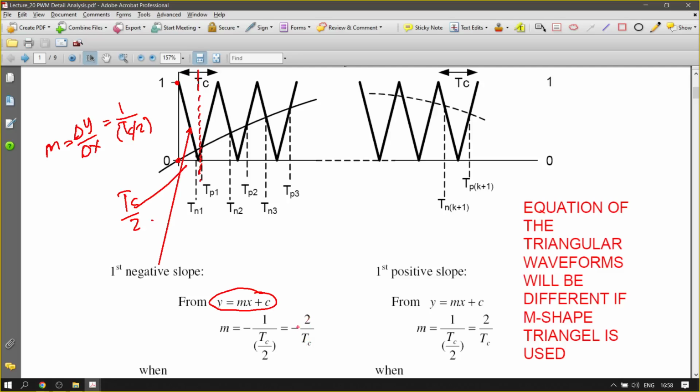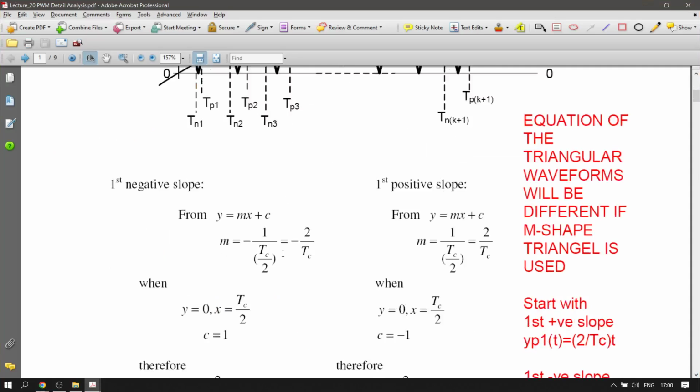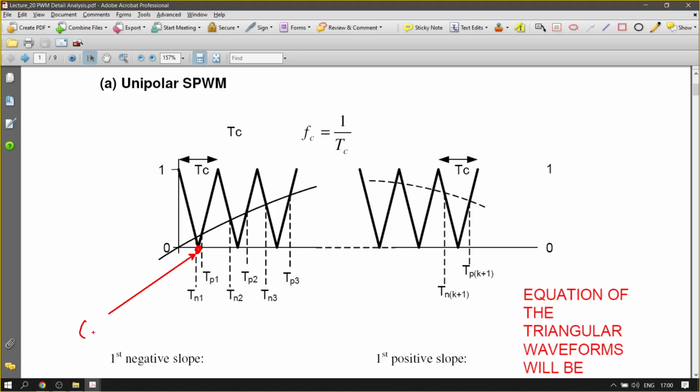Therefore, to complete the equation y equals mx plus c, we know that at y equals 0, x equals TC over 2. Just referring to this particular point, look at this point only. If we write the coordinate, this is TC over 2, and y is 0, isn't it?